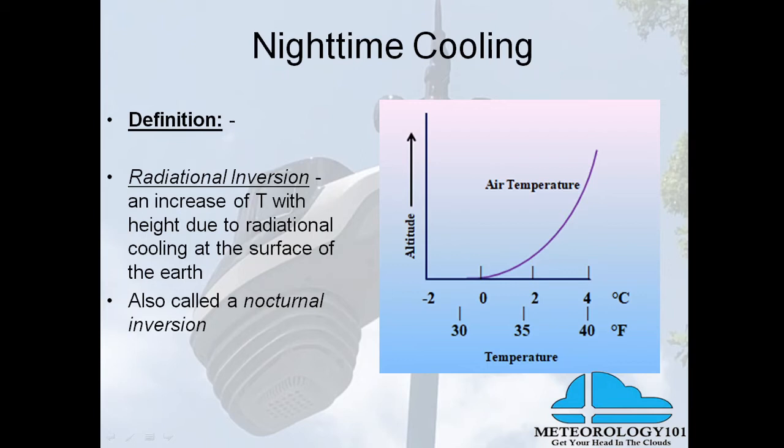So when you get this cooling at the surface, it will cool lower than the temperature aloft, so you have an increase in temperature with height. Now you have a stable environment. So now you have a capping inversion that will actually hold moisture, sound vibrations, radio frequencies, closer to the surface, just based off that inversion.